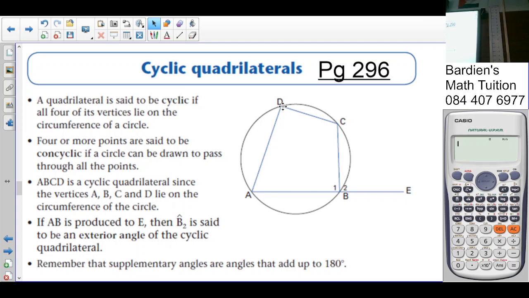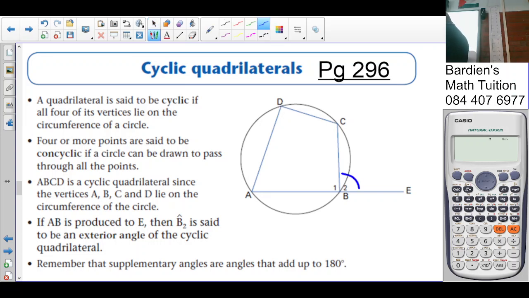The fourth bullet, if AB is produced to E, which means to say it's extended, then angle B2, this angle here, is said to be an exterior angle. Exterior means the outside angle. It's the outside angle of the cyclic quad. Quadrilateral, quad is the same thing.